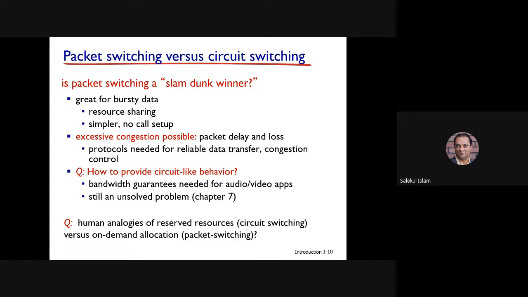It means whenever you are using the internet, it is kind of an agreement between you and the internet that you may face delay and loss. You can never say that I'm going to use the internet and I will not face delay and loss.